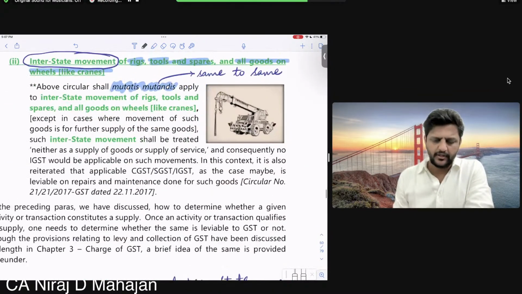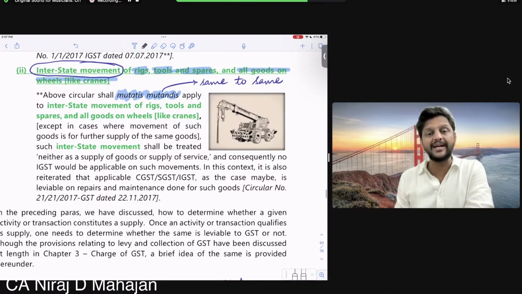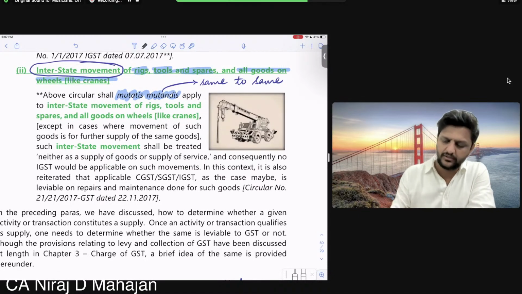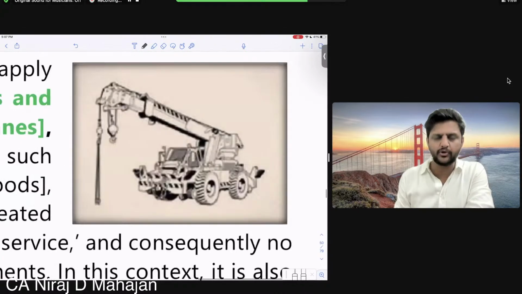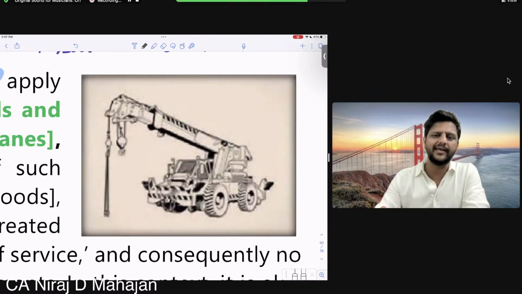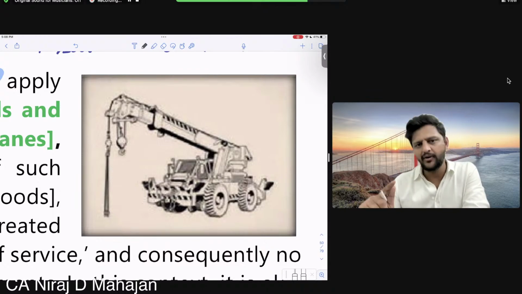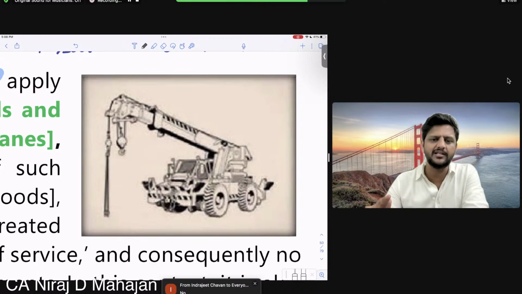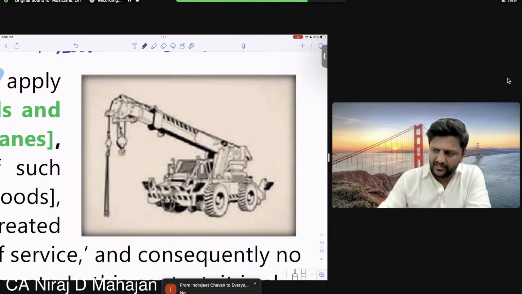Similarly, interstate movement of rigs, tools and spares, and all goods on wheels. All goods on wheels. Can you see the example over here? Can I carry anything on that as such? Can I carry goods in this, bachcho? Or can I carry any kind of passenger in this? No. But these type of vehicles are going, let us say, from one state to another state for doing the work.